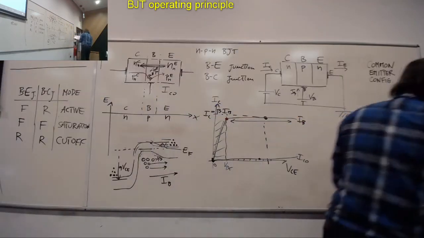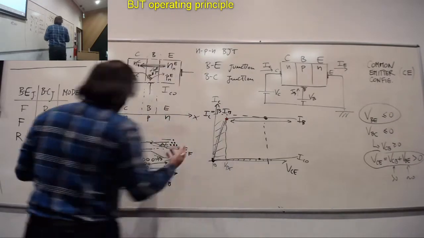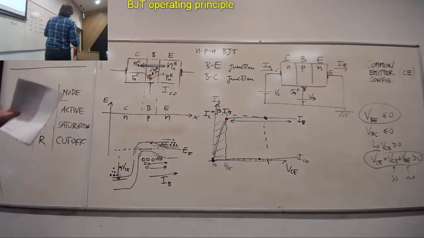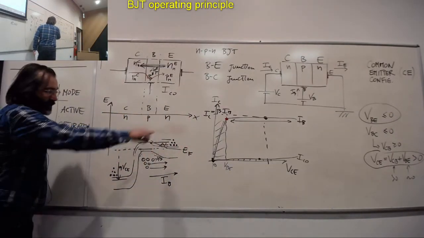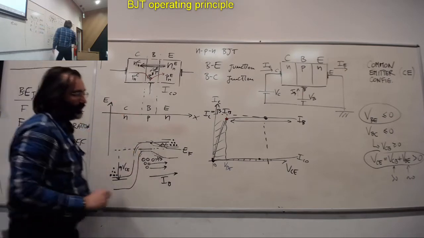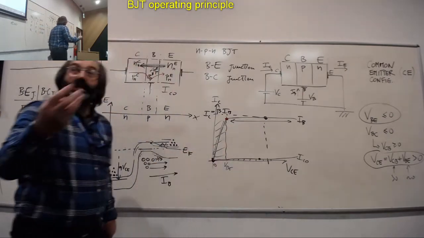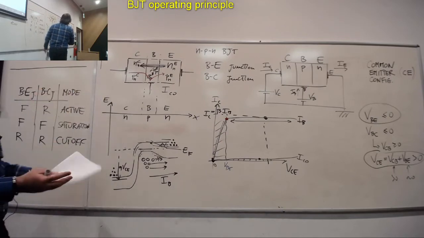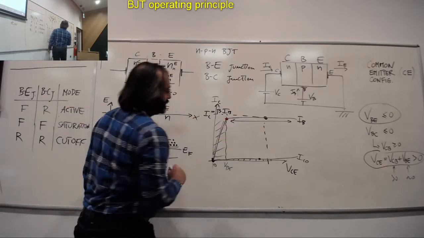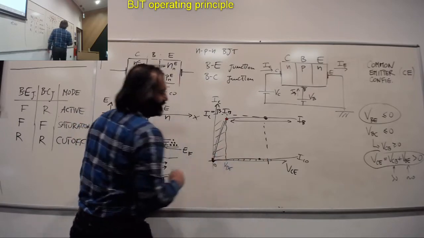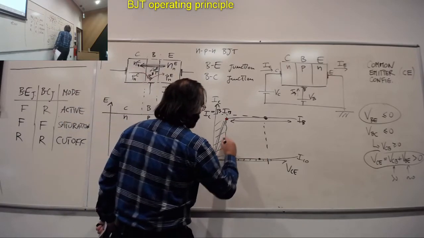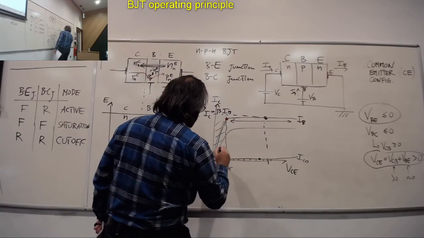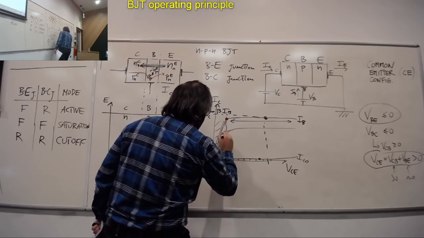To qualitatively represent what we said, since we are talking about moving this up and down, we can now realize that the complete view of the characteristics of the transistor on this IC VCE plot is represented by a number of these curves, something like this.